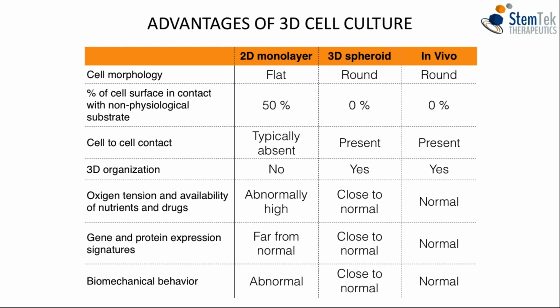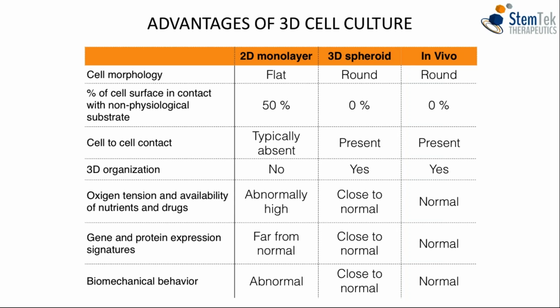Cells are in contact with other cells and with the matrix that they secrete. The way cells contact other cells is typically absent in 2D monolayer cultures, or obviously depends on the confluency, but these contacts are preserved in 3D cell culture and obviously in vivo. 3D organization is not present in 2D monolayers, but is preserved in 3D spheroids and in vivo.